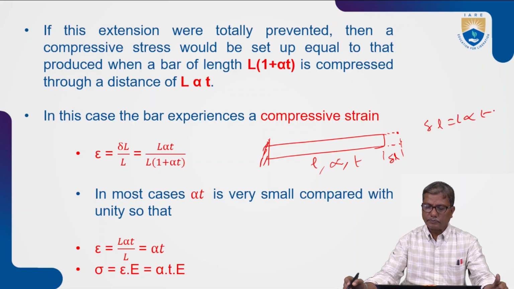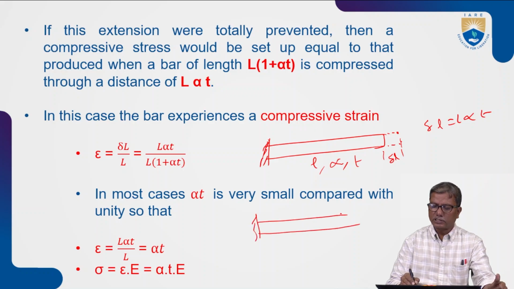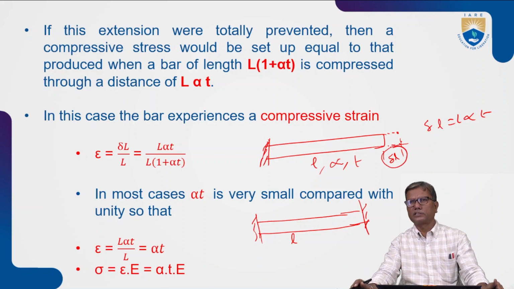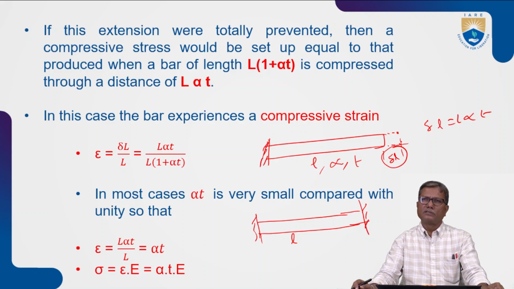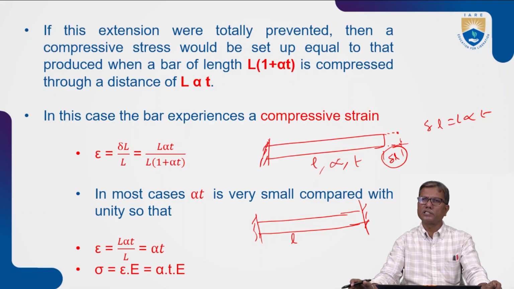Okay. At the same time, when this bar is restrained from expanding, this delta L will not take place. That means expansion is prevented. We know that when the linear displacement is restrained, some force will be developed.